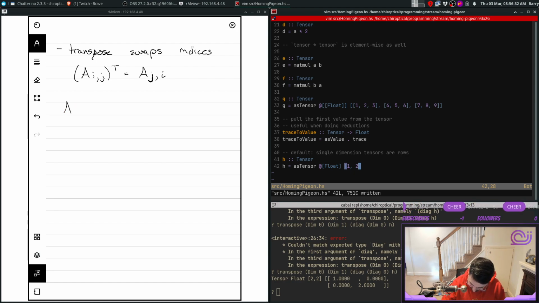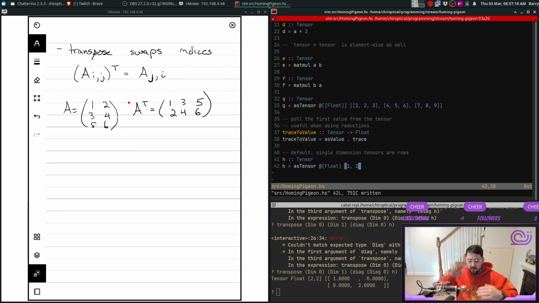Example: A equals, say, 1, 2, 3, 4, 5, 6, and the transpose would be 1, 3, 5, 2, 4, 6. This arrow might be confusing, but the idea is you're taking this matrix and flipping it.